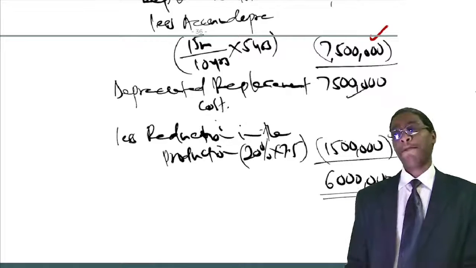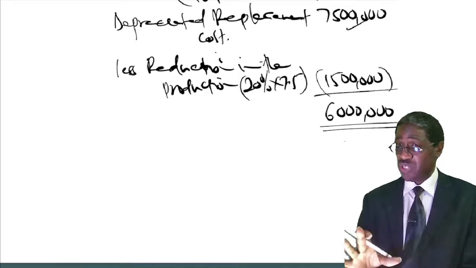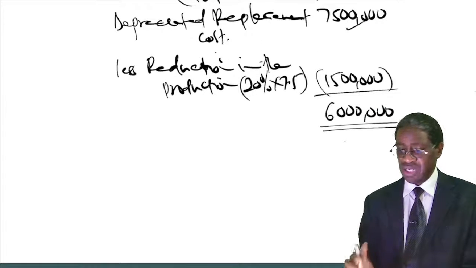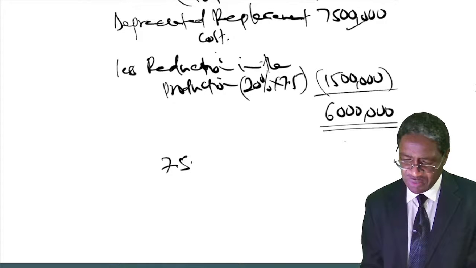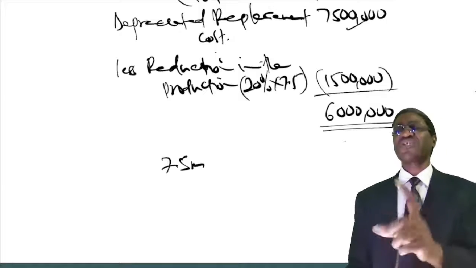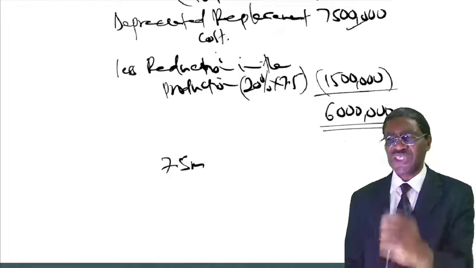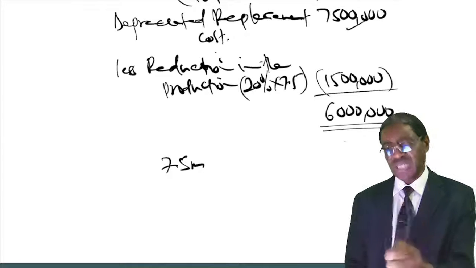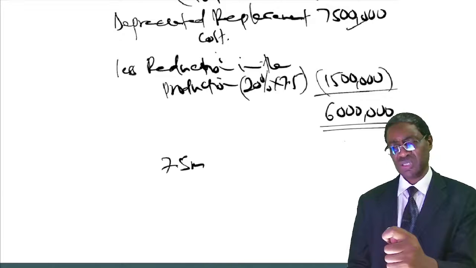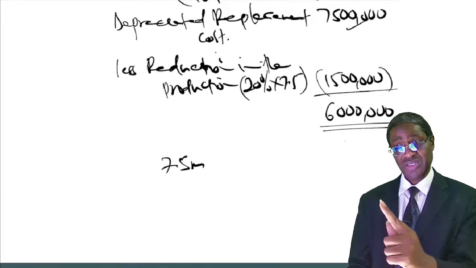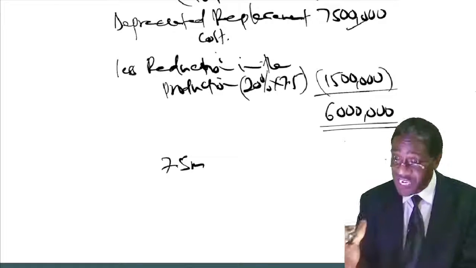Now listen. Alternatively, to get the same 6 million, you could say this. If it has a depreciated replacement cost of 7.5 million and the machine has lost 20% of its efficiency, it means we are left with 80% efficiency of this asset. So it is the same as just taking the remaining service potential.